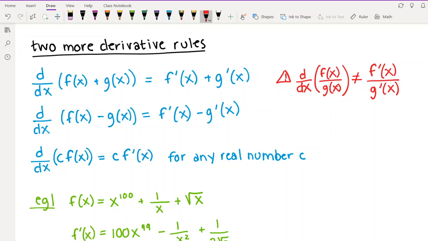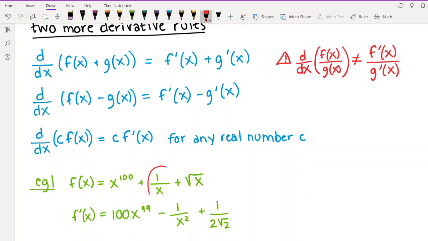We'll do this next week. There's a special rule for taking derivatives of things divided, and it's not that bad, but it's definitely not just taking the derivative of the numerator and denominator separately. We can actually already see an example that doesn't work. We know that the derivative of 1 over x is negative 1 over x squared.